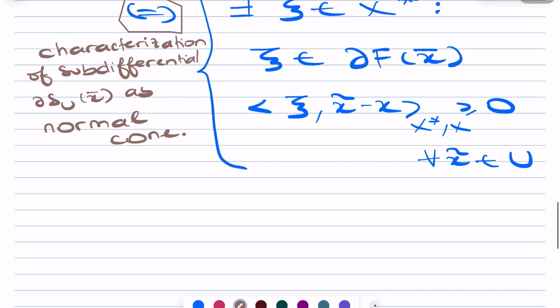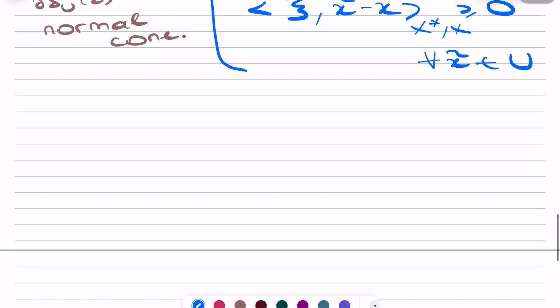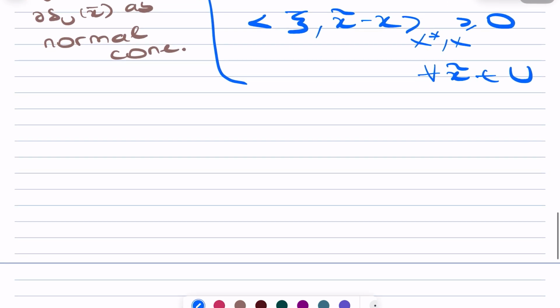So this proves our result. This is the end of the proof, and it looks ugly.